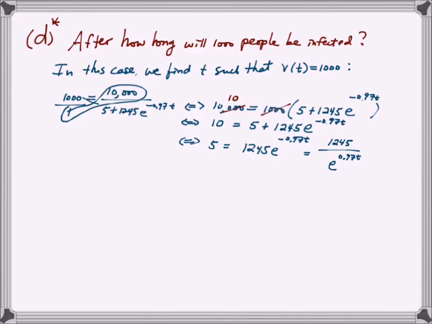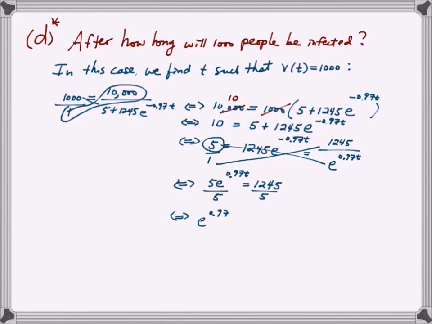Then I realize the 5 on the left hand side is a fraction, 5 over 1 as well, and do the cross multiplication trick by multiplying 5 with e to the 0.97t, which equals 1 times 1245. So I get the expression 5 times e to the 0.97t is equal to 1245. Next, I divide by 5 on both sides to isolate the exponential function completely. I get e to the 0.97t is equal to 249.